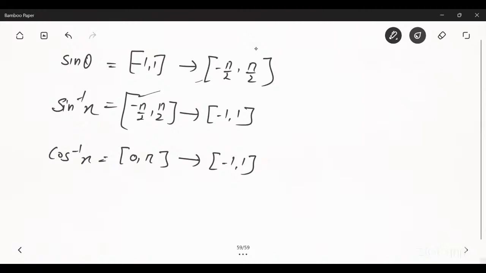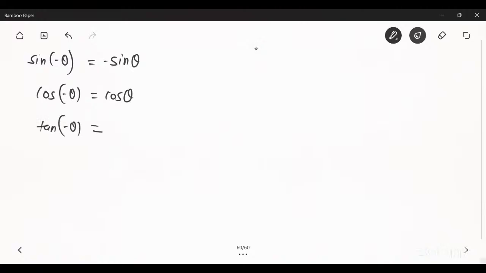Okay. Now I'm discussing some important formulas of trigonometric functions. First, we know that in trigonometric functions, sine minus theta is equal to minus sine theta. Cos minus theta is equal to cos theta. Tan minus theta is equal to minus tan theta.